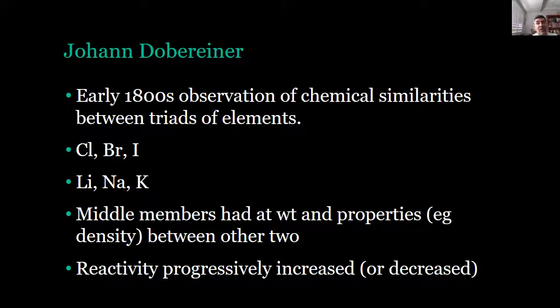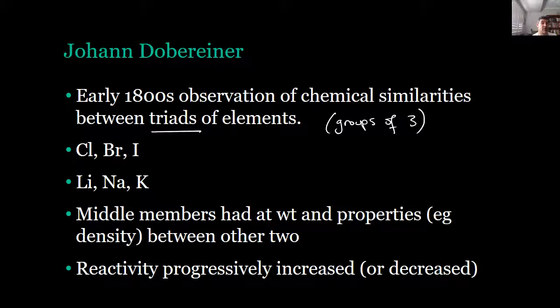So whilst there are a lot of different ideas, really the first one who contributed to an actual attempt to organize the elements into some sort of grouping pattern was Johann Dobereiner. This occurred in the early 1800s when he was observing some of the chemical similarities between what he called triads, or groups of three elements.